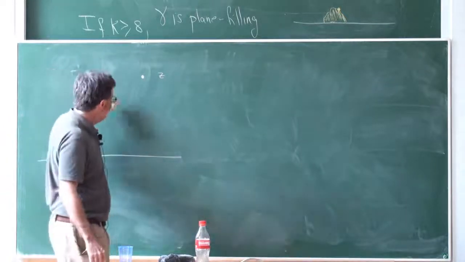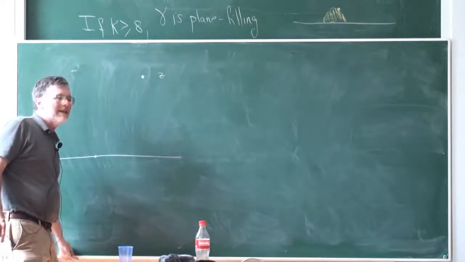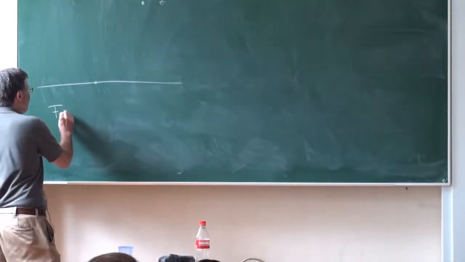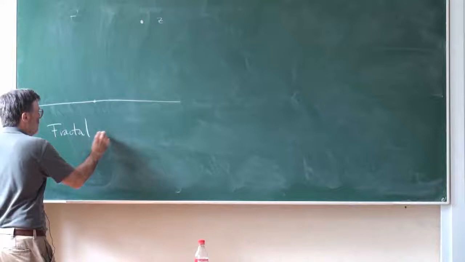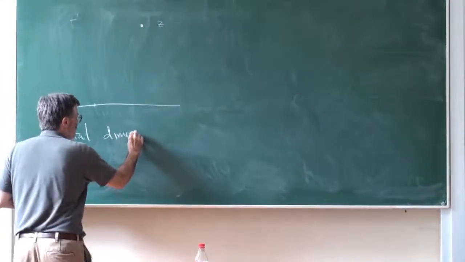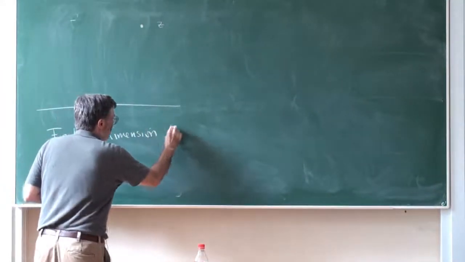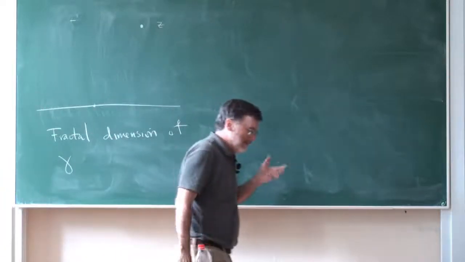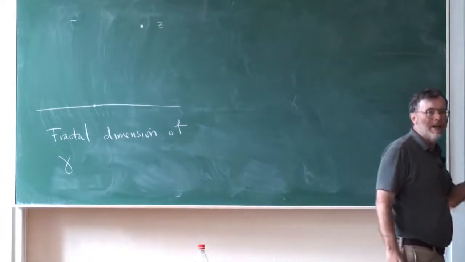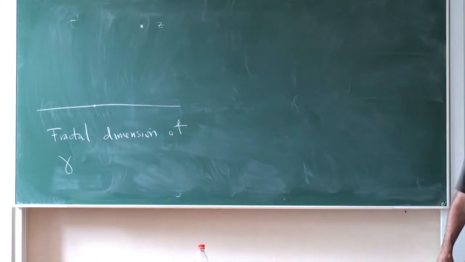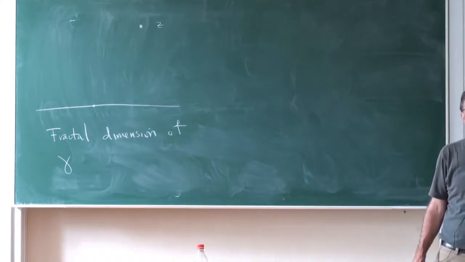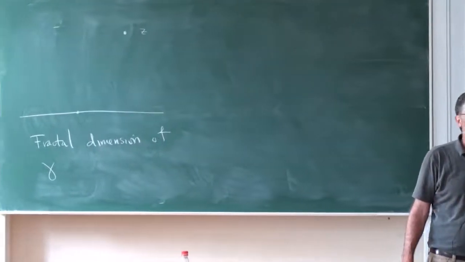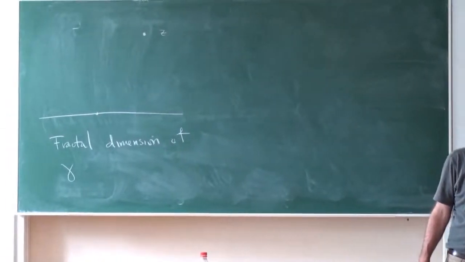Now, while I'm doing this, let's do a back of the envelope calculation. We're actually going to work out the fractal dimension of the curve. By the way, when I use the word fractal dimension, I'm hedging my bets as to exactly which specific dimension I mean, whether I mean Hausdorff dimension or some other kinds.